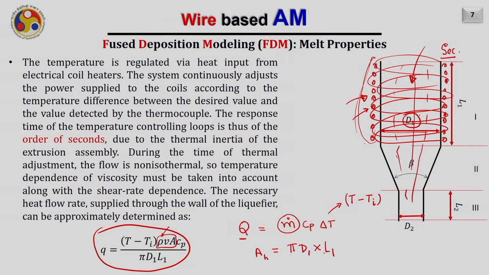Therefore the heat flow rate can be given as Q divided by AH, and hence your heat flow rate Q will be equal to (T minus Ti) rho Va Cp divided by pi D1 L1, where Ti is the initial temperature of the melt in the liquefier and T is the new temperature obtained from the thermocouple reading after there is a change in the velocity, or at the beginning or end of the process.